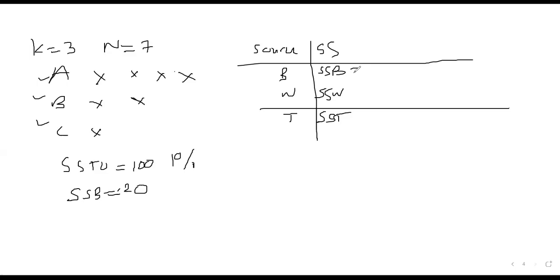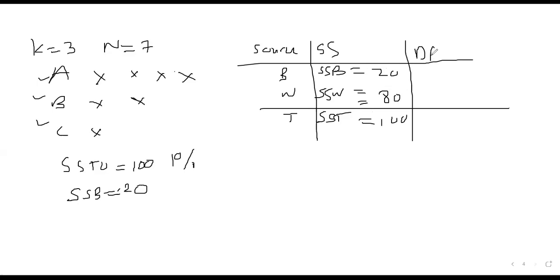Between, given is 20. Total, we're given 100. And how do we get sum of square within? It's the difference, which is 80.